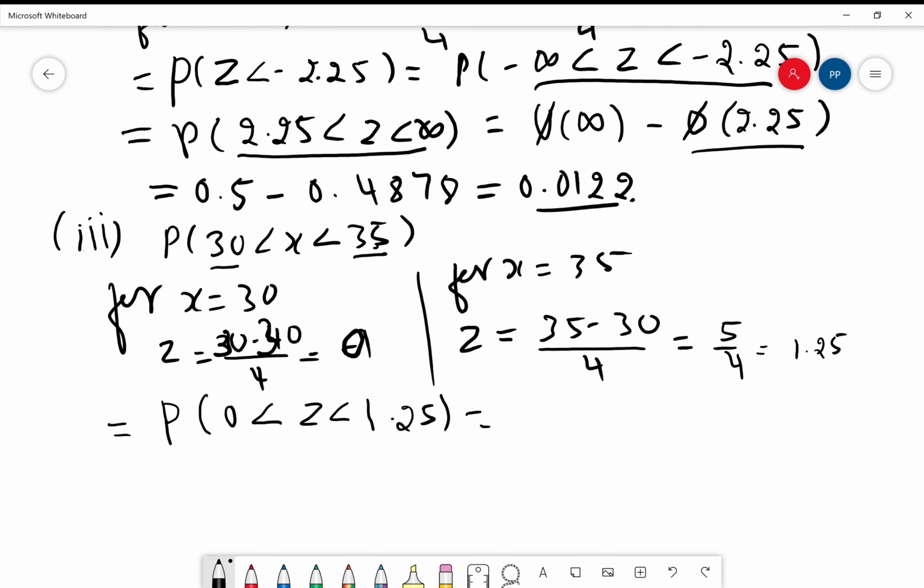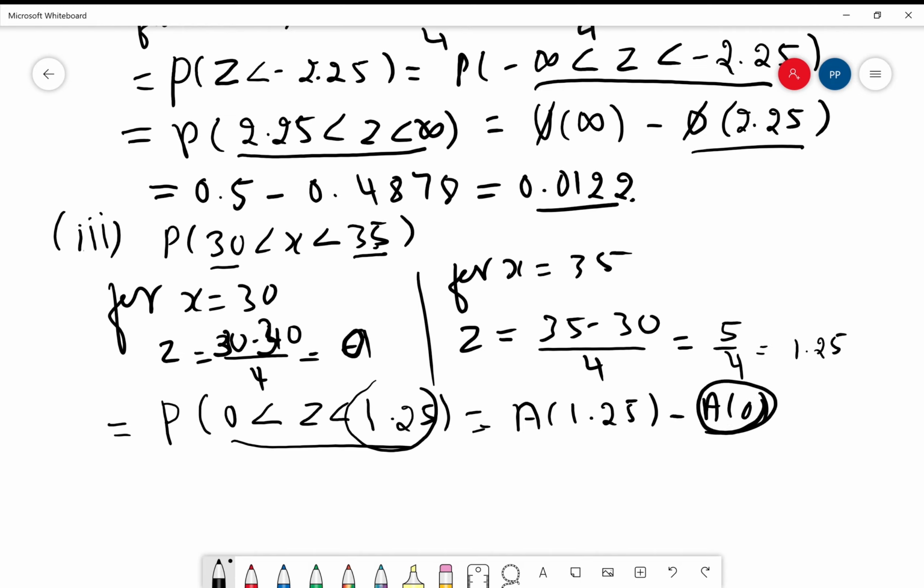You can write it as phi of 1.25 minus phi of 0, and phi of 0 is 0. You can neglect this. So it is phi of 1.25, which equals 0.3944.